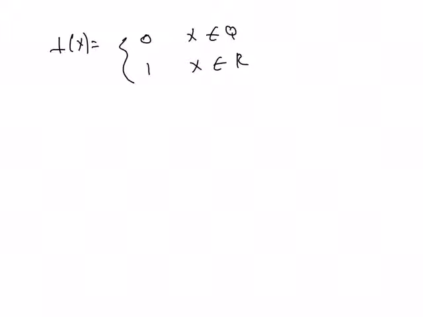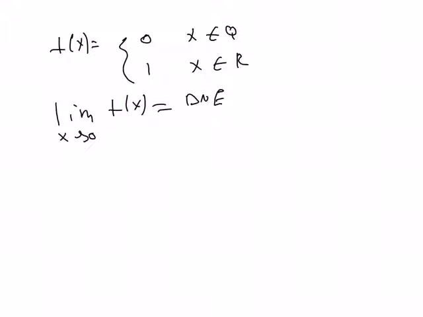Let's imagine. We showed in the previous video that the limit as x goes to 0 of f of x does not exist.